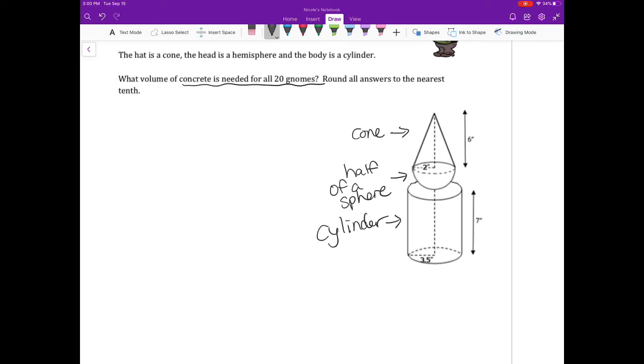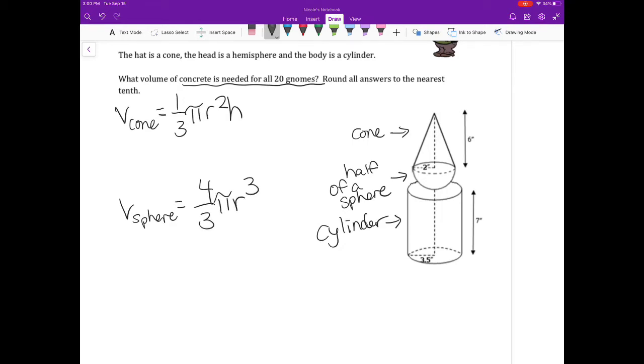So starting with the cone formula, I'm going to have the volume of the cone as 1/3 pi r squared h, and the volume of the sphere, remember it's half of a sphere, so this 4/3 pi r cubed, I'm going to take half of that once I do that calculation.